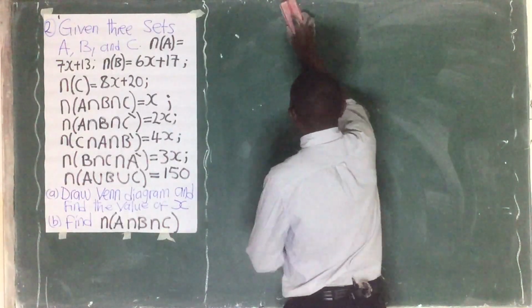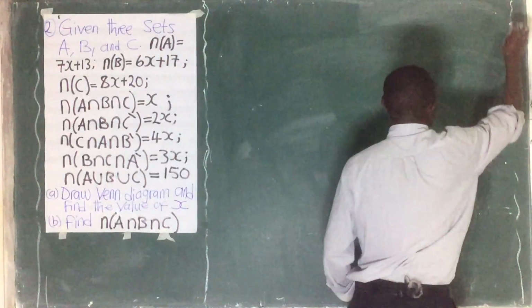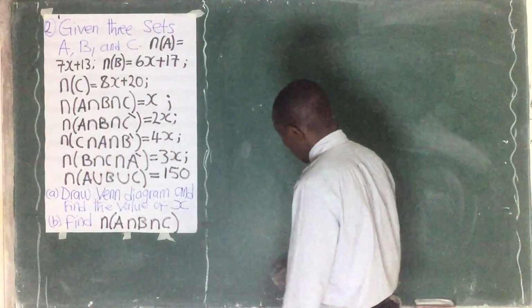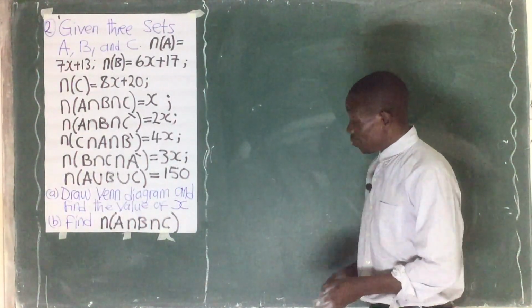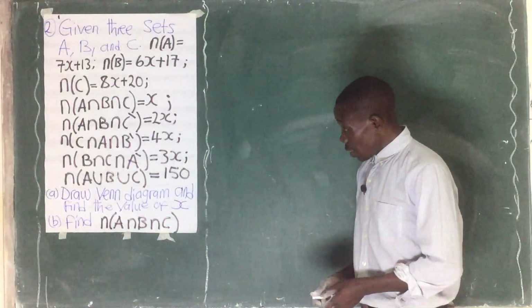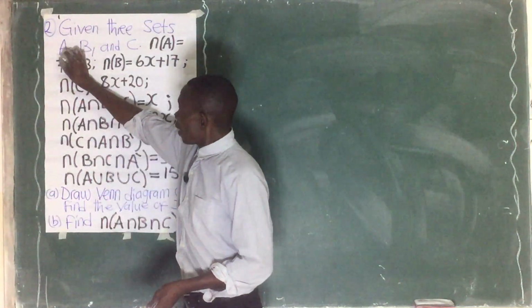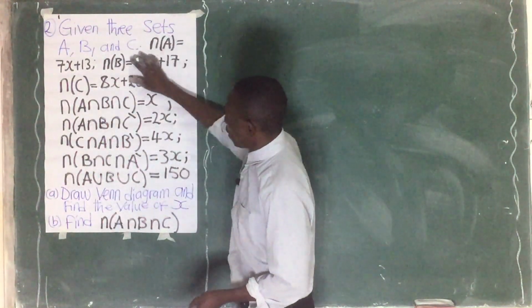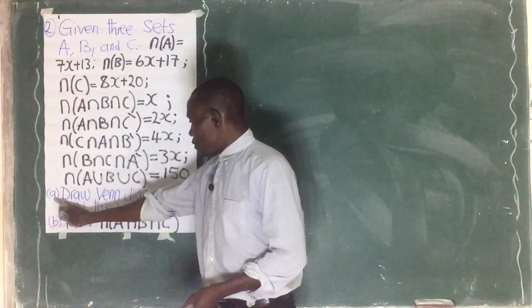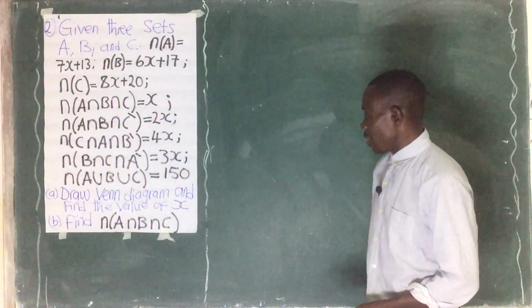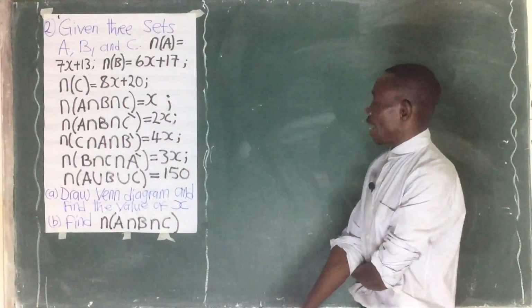Still, as we said, a Venn diagram should come to your head. It's just a pictorial presentation of sets, showing the relationship, how they exist compared to the main set, which is the universal set. We have information here about 3 sets, namely A, B, and C. What we need to do is draw a Venn diagram and then find the possible value of x.